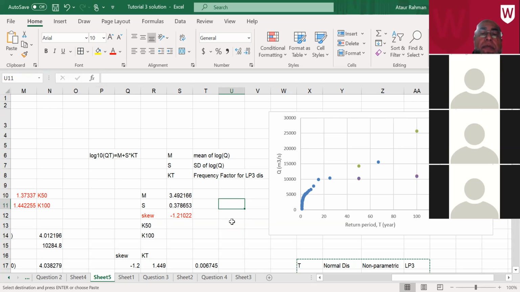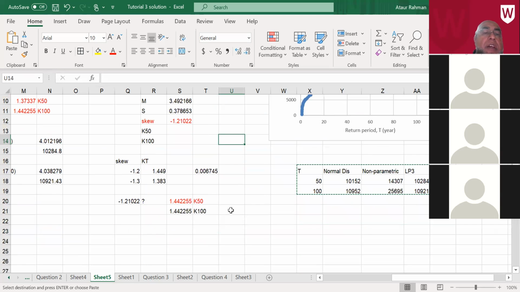Yes, sir. But it actually gives you the same frequency factor, like 2.054 and 2.326. I think there has been some error here, because it should not give the same frequency factor KT. Your KT were different.